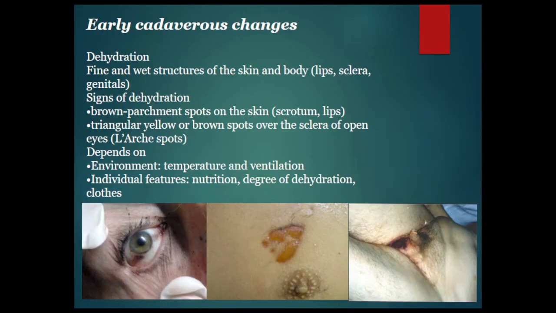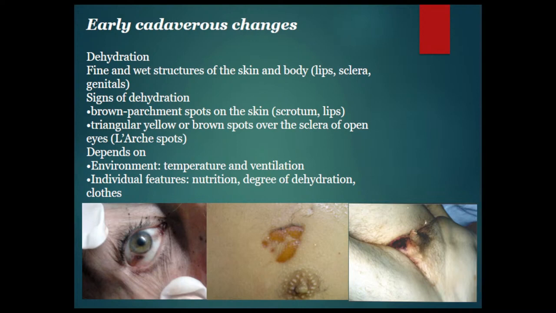But due to evaporation of the fluid, they become very prominent approximately 1 day after the death. And this gives us an understanding that this area was abraded. Abrasion is always evidence of some kind of physical contact, some kind of mechanical trauma, maybe slight trauma, but anyway, this contact is evidenced by this abrasion.